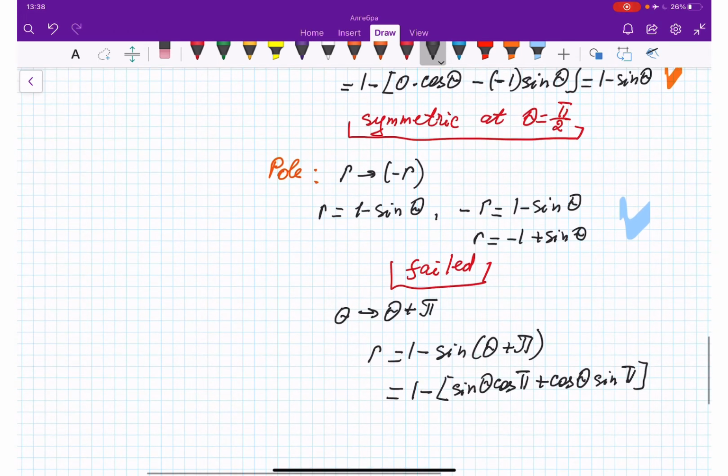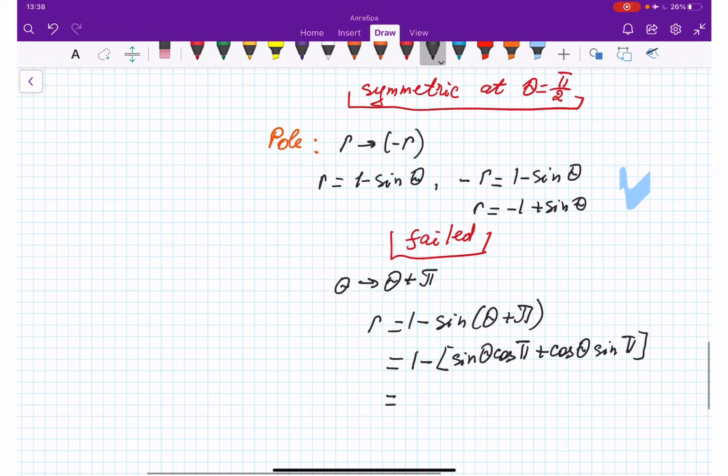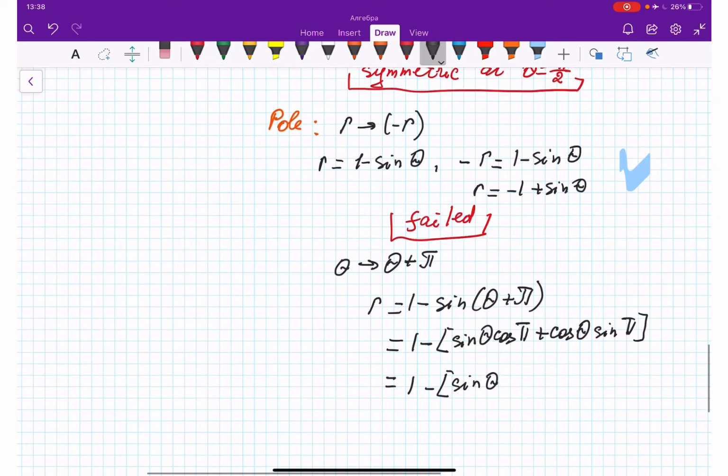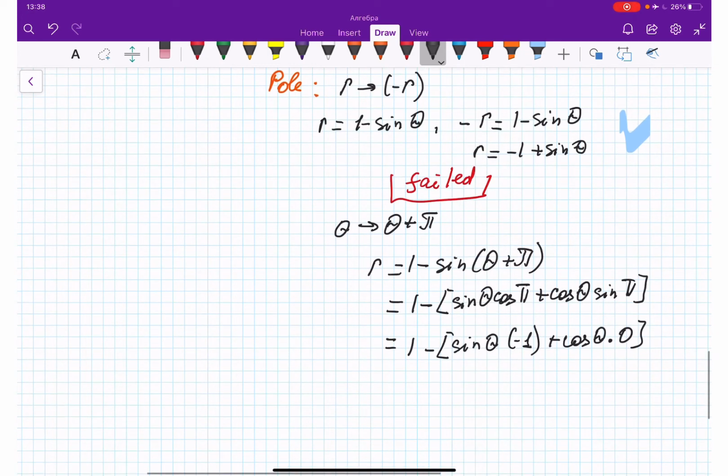And from here we have 1 minus sine theta times negative 1, since cosine pi is negative 1, plus cosine theta times sine pi, which is going to be 0. And as a result, we are getting 1 plus sine theta.